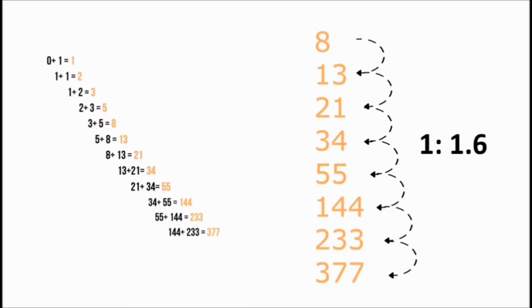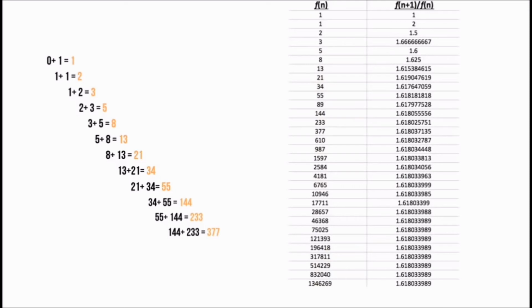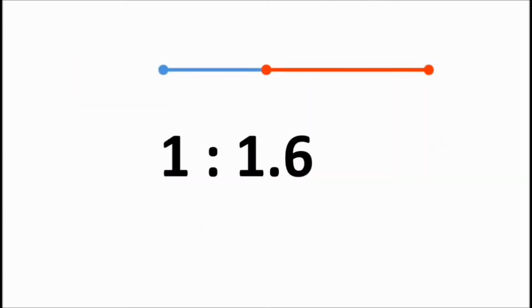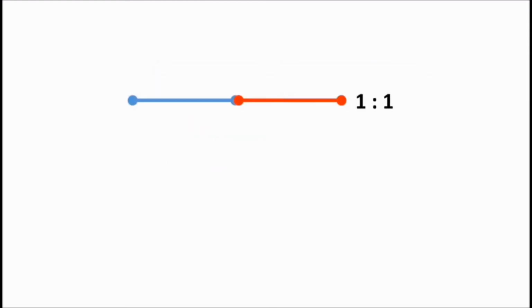And you see what we are doing. We are adding the sum of the equation to the last number in the equation, and we arrive at the sequence of numbers. To help give you an idea of what a 1 to 1.6 ratio is, compare it to a 1 to 1 ratio.